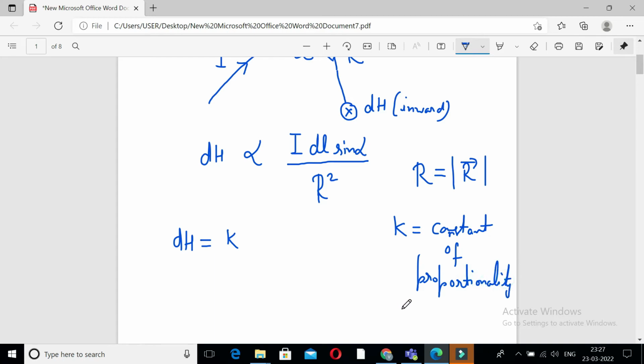The value of k is equal to 1 upon 4 pi. So dH is equal to k into I dl sine alpha upon r square.